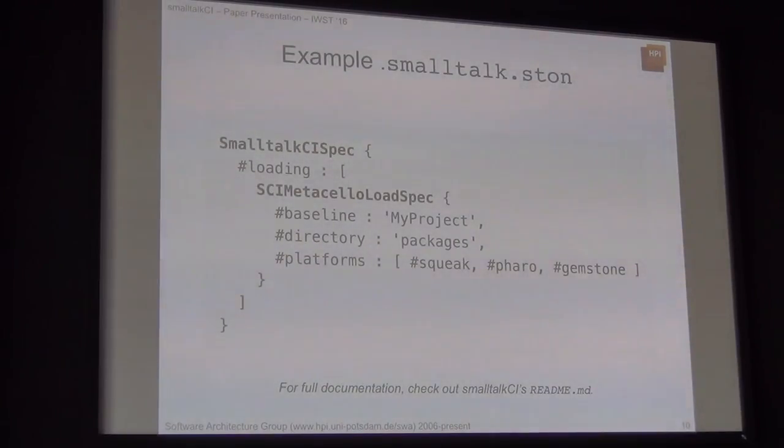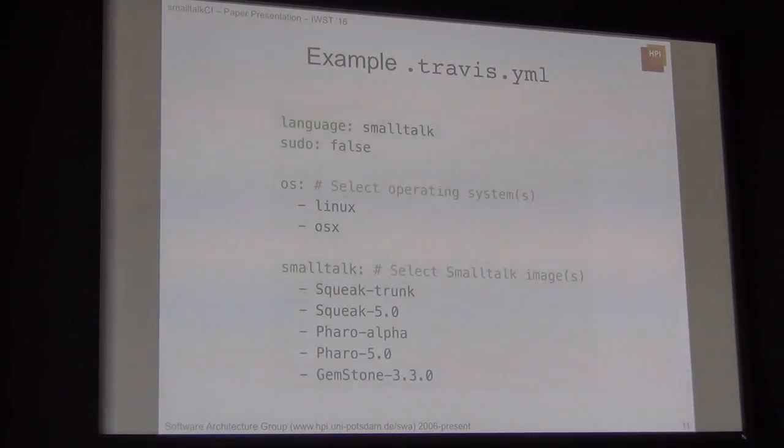So this is the configuration file that I need to add to my repository, and then I can run Smalltalk CI locally on my machine. If I want to now use a service like Travis CI, I can add a configuration file like this. So basically, here I instruct Travis to build a Smalltalk project. So language: smalltalk explicitly tells Travis that, so it knows to use the Smalltalk CI framework.